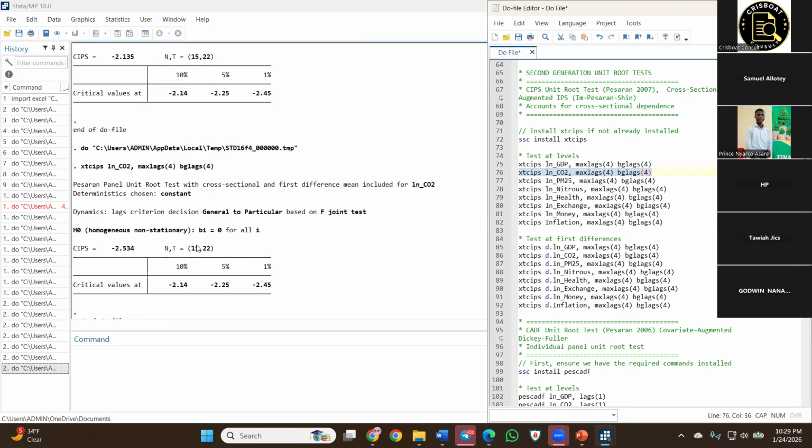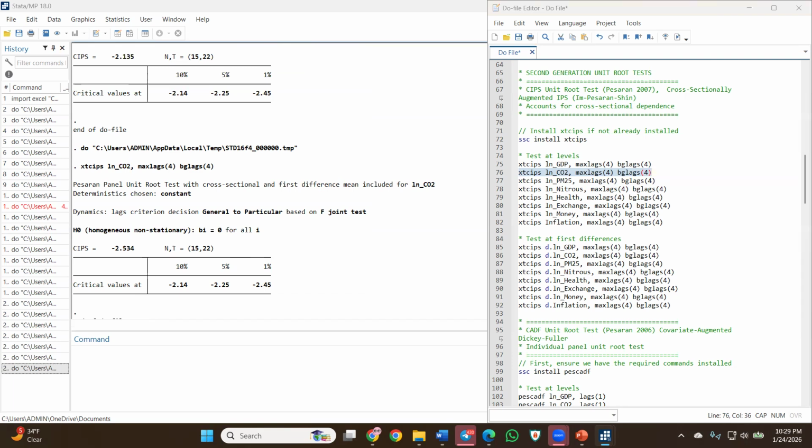Okay, who will help us interpret the CO2? Let me try and see. Okay, so the statistic is bigger than all the critical values.